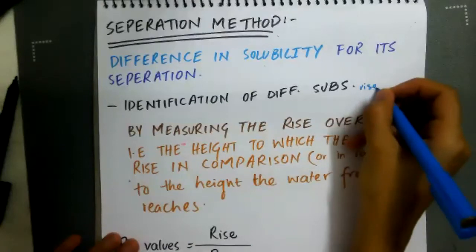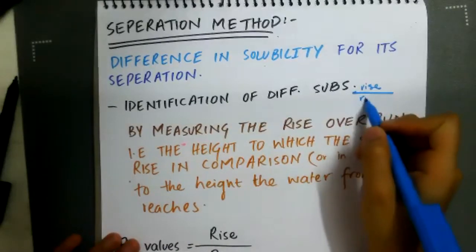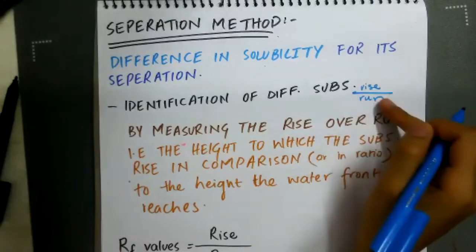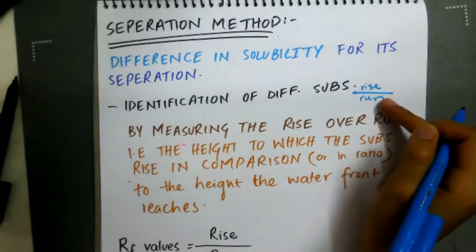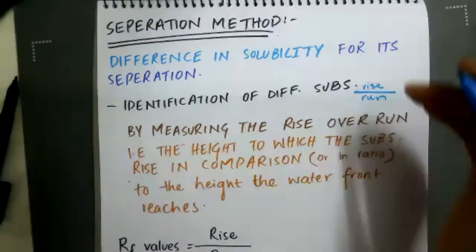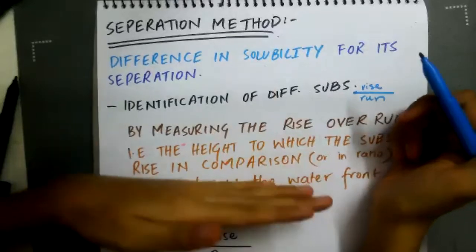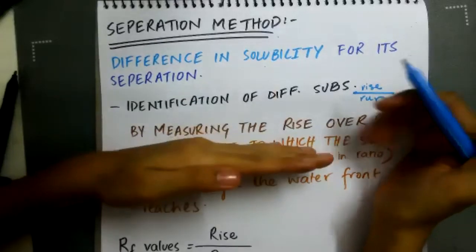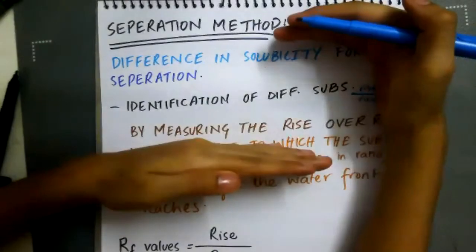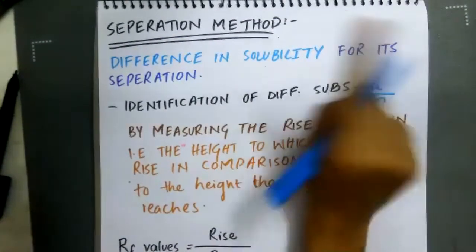So the level till which it rose over run, where run is the point till which the water reached, which is the solvent front. So this is actually a ratio between how much the substance rose in relation to how much the water rose. That ratio is going to be fixed for one substance.